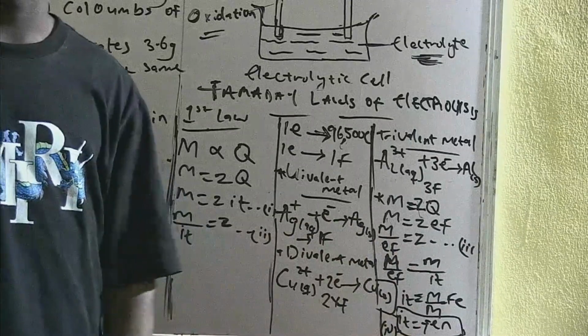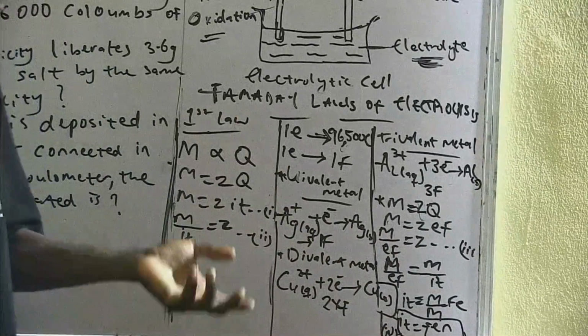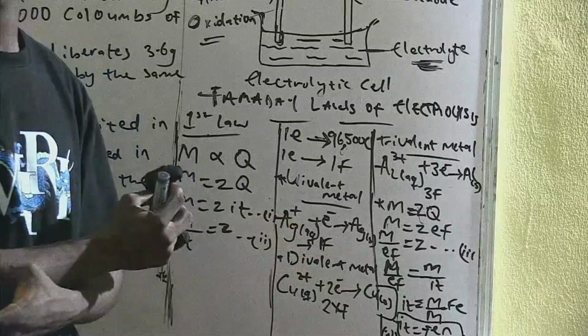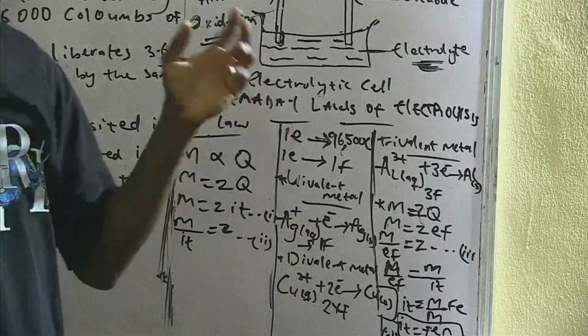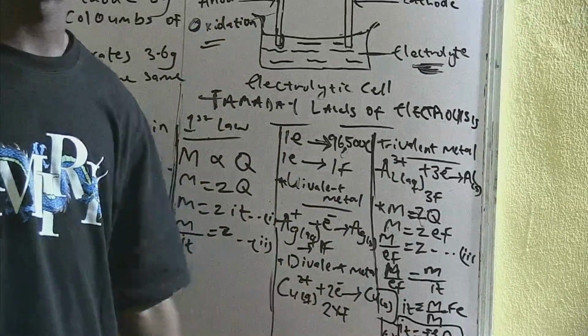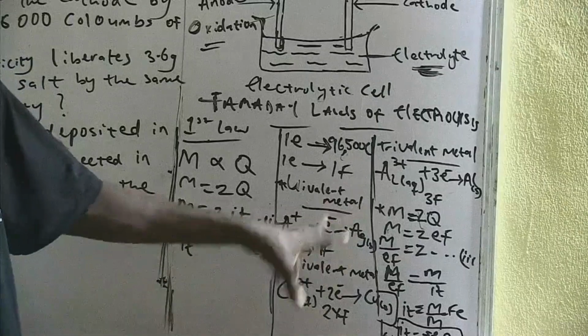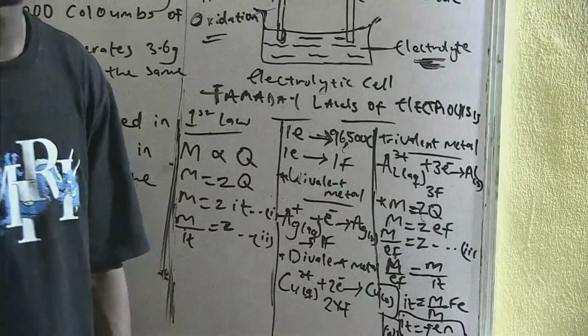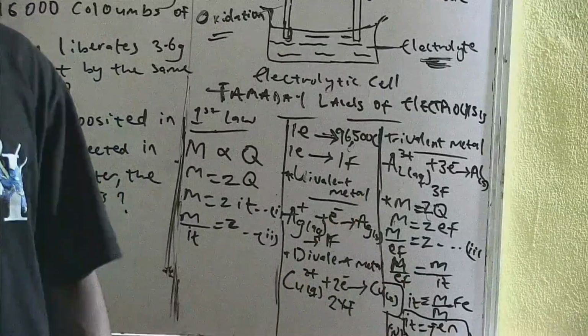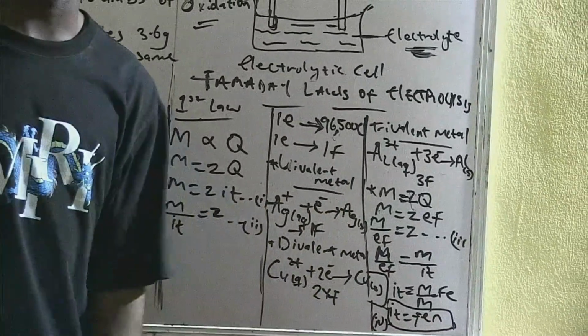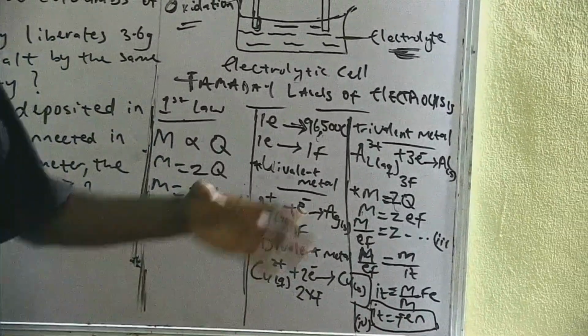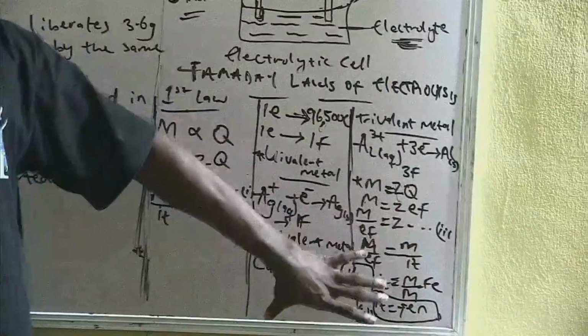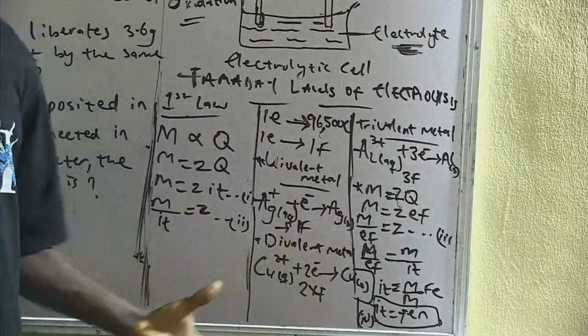F is Faraday, measured in coulombs, a constant value of 96,500. E is the charge of the ion to be deposited: 1 if monovalent, 2 if divalent, 3 if trivalent. And N is just your mass per molar mass. You can go over the video again and I trust you understand.